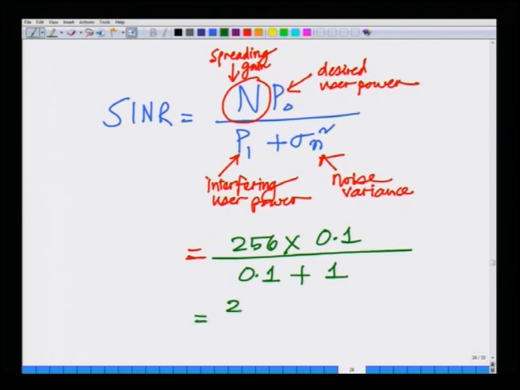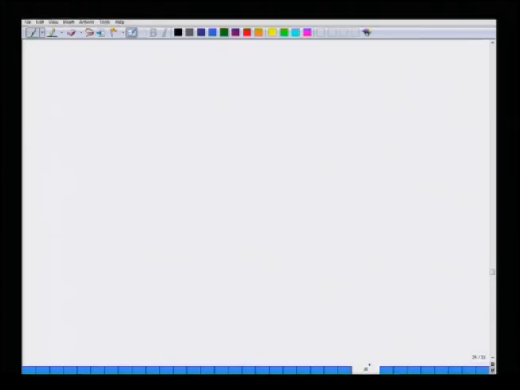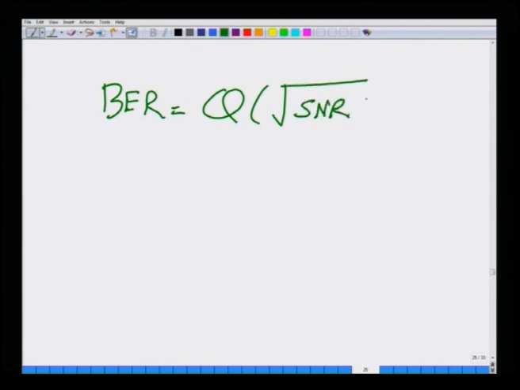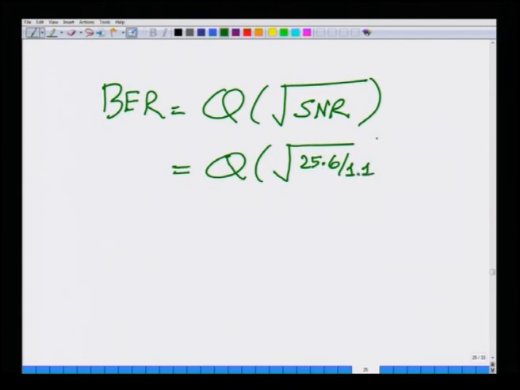Hence, this is 25.6 divided by 1.1, and we said the bit error rate is nothing but Q of square root of SNR, equals Q of square root of 25.6 divided by 1.1, which is 7.02 times 10 to the power of minus 7.